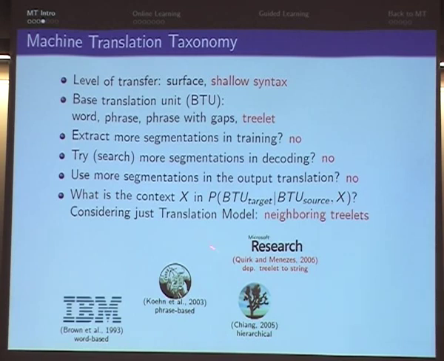So Quirk and Menezes from Microsoft Research in 2006 developed an MT system which used dependency trees. I think it was one of the first systems which exploited dependency trees and was able to show some improvement over phrase-based systems, the state of the art at that time, in 2006.